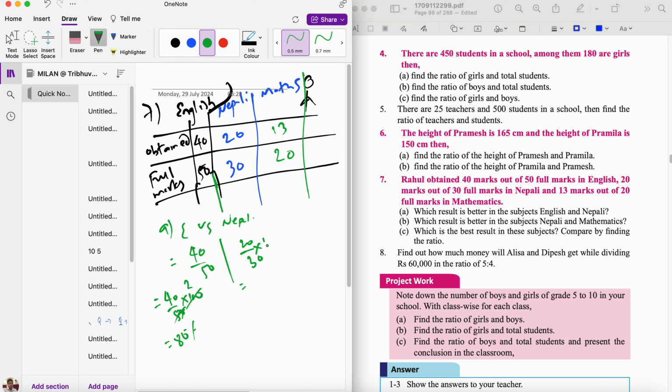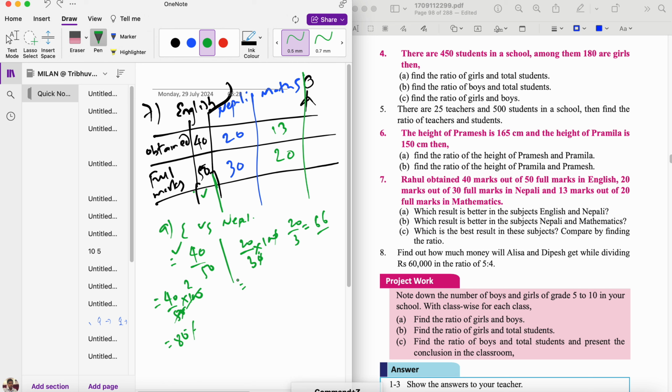Here 20 by 30 is almost 66%. So in English he got nice marks. This is better in English.